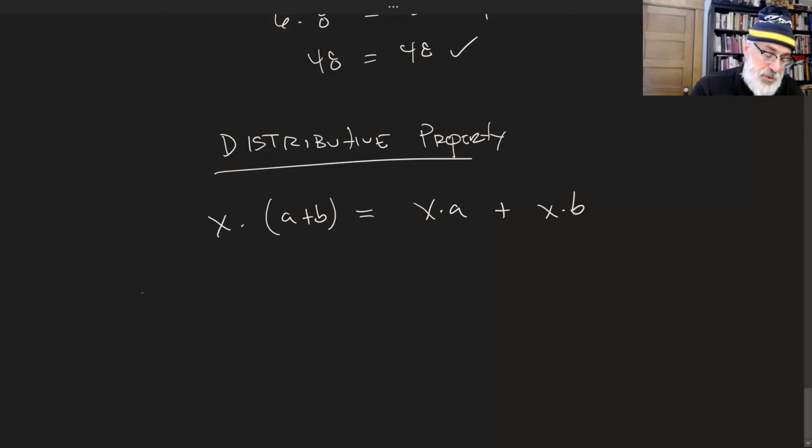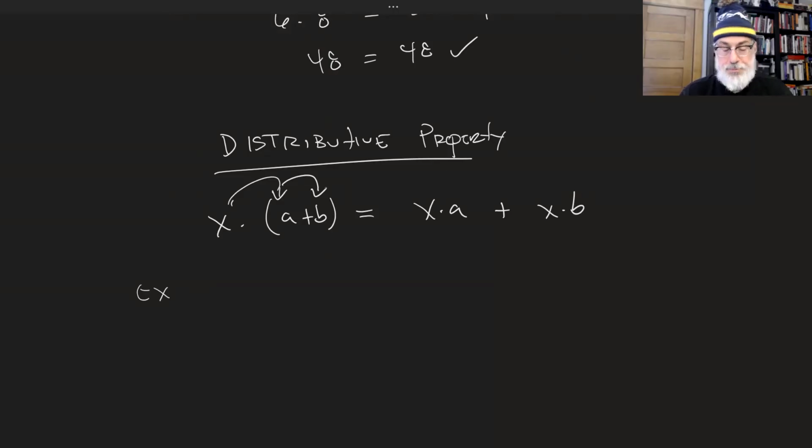So we're multiplying x times a, and then multiplying x times b, and then we're adding those two. That's how we get the right-hand side.